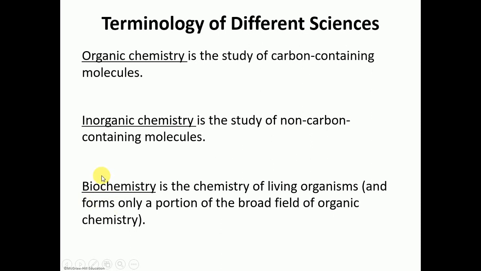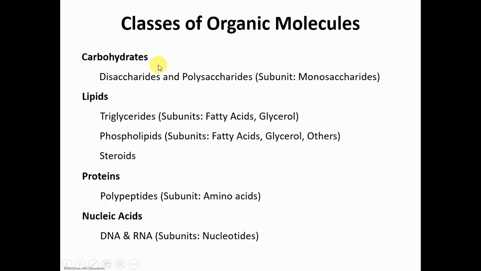Biochemistry is really the chemistry that happens within our biological cells. That's where the term comes from. So it's the chemistry of living organisms, and it is really a branch of organic chemistry. So we want to talk about the organic molecules that we have in the body or we deal with somehow.